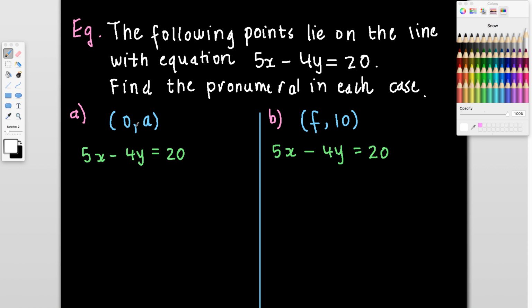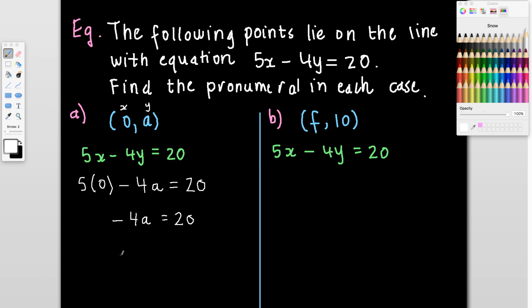This one here, we've got the x value of 0 and the y value of a. So what I'm going to do is substitute those two, either number or pronumeral, into this rule. This first one I'm going to have is 5 by 0, because it's 5 by x, minus 4 by y. Now that's actually 4 times a, if we substitute the y for a, and that's equal to 20. So what I'm left with is negative 4a equals 20.